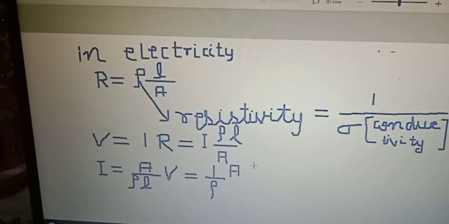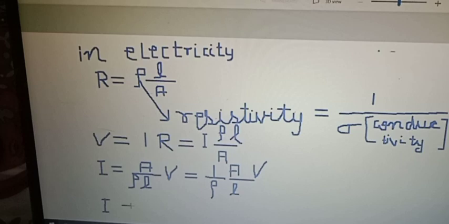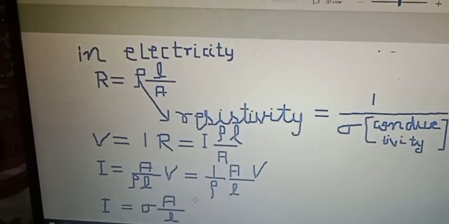So we can rearrange it like this also: 1 upon rho, A upon L, and as rho is 1 upon sigma, sigma is also 1 upon rho. So I'm putting it as electrical conductivity: I equal to sigma A by L multiplied by potential difference.